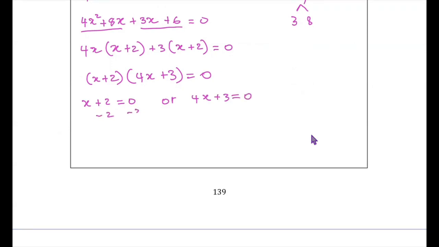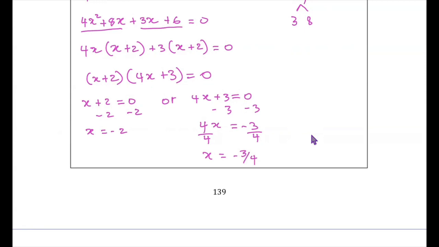Subtract 2 on both sides. X equals -2. Subtract 3. 4x equals -3, and divide by 4. So we get x equals -3/4.